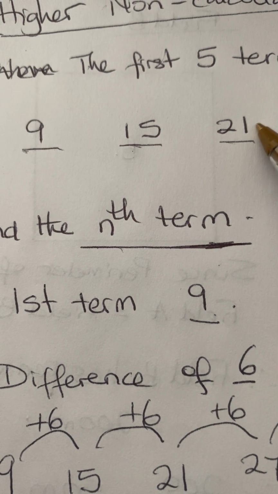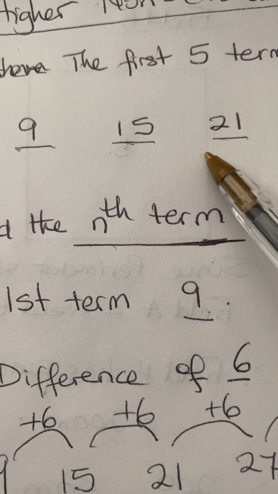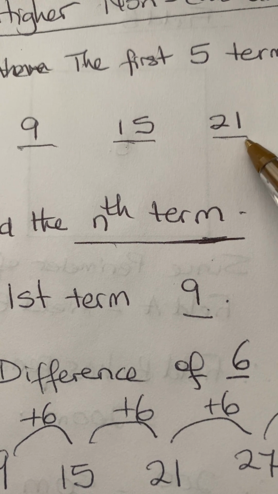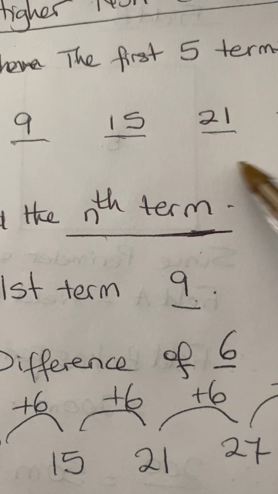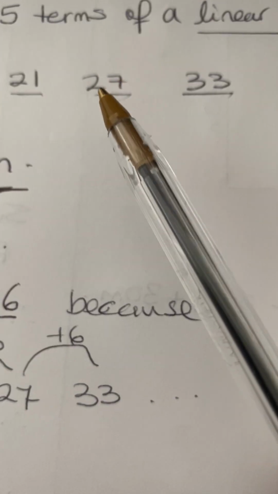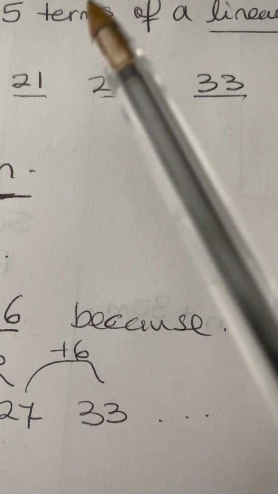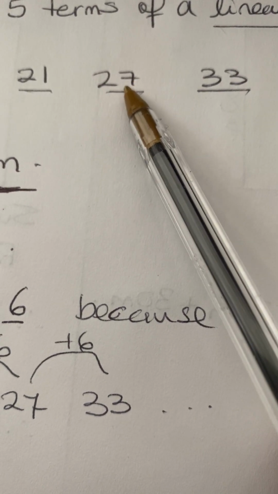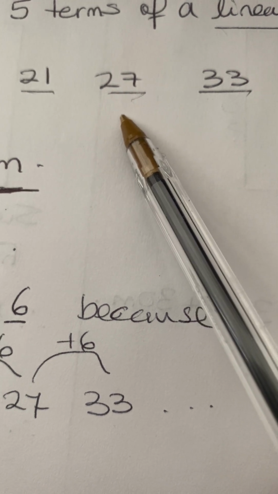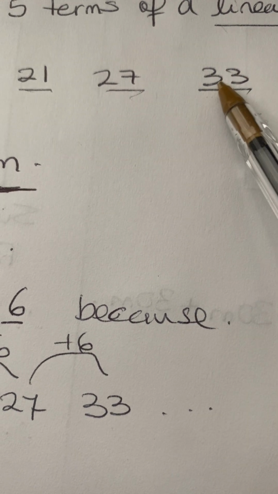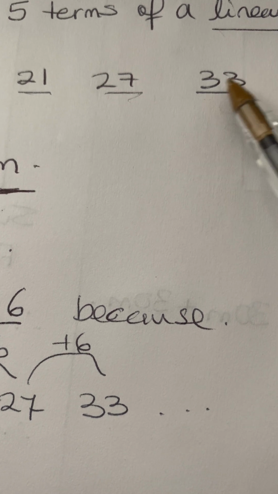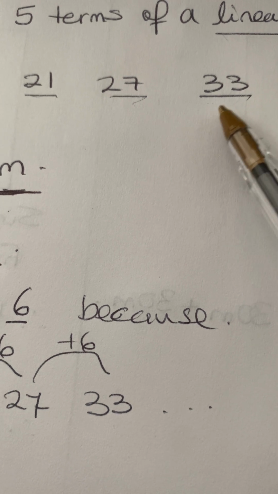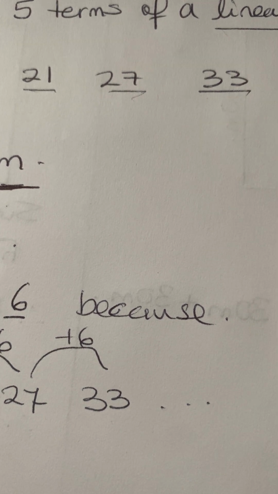N equals 3, so 6 times 3 is 18, add 3 will be 21. N equals 4, so 6 times 4 is 24, add 3 will be 27. N equals 5, so 6 times 5 equals 30, add 3 will be 33.